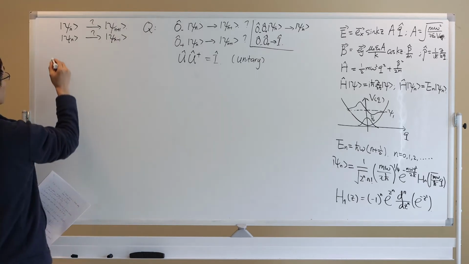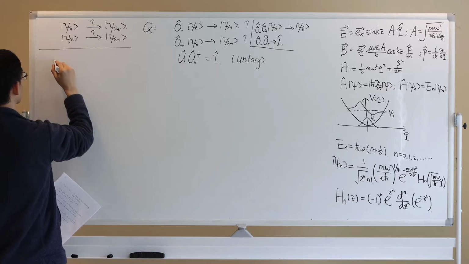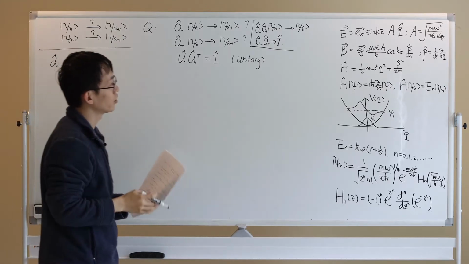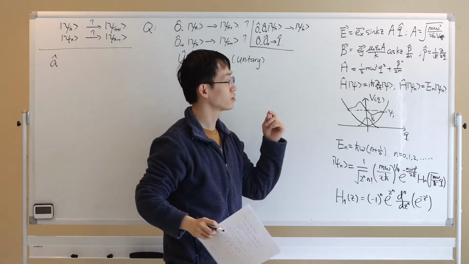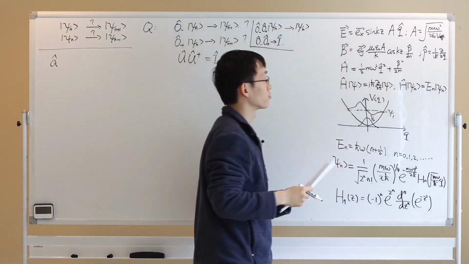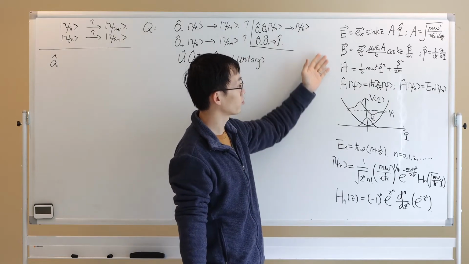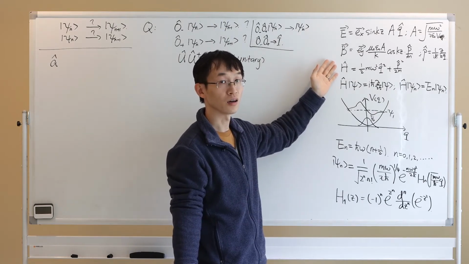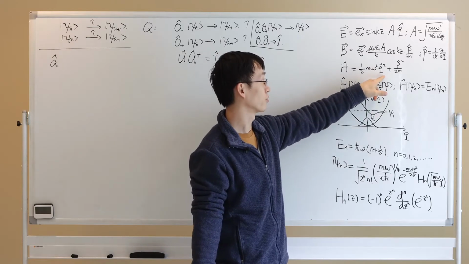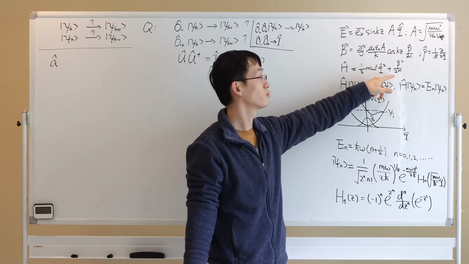Let's give it a symbol. Let's call it A, operator A. The first thing we should know is that this operator has to be built from the wave function. You know that there are only two operators in the system. One is position, one is momentum.